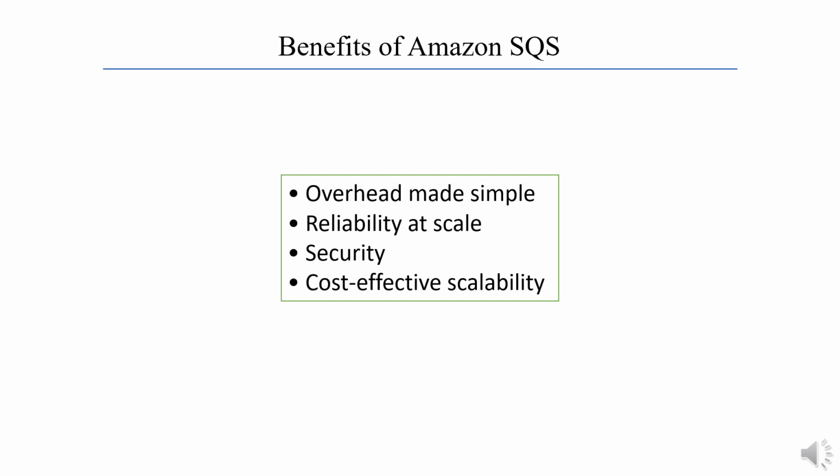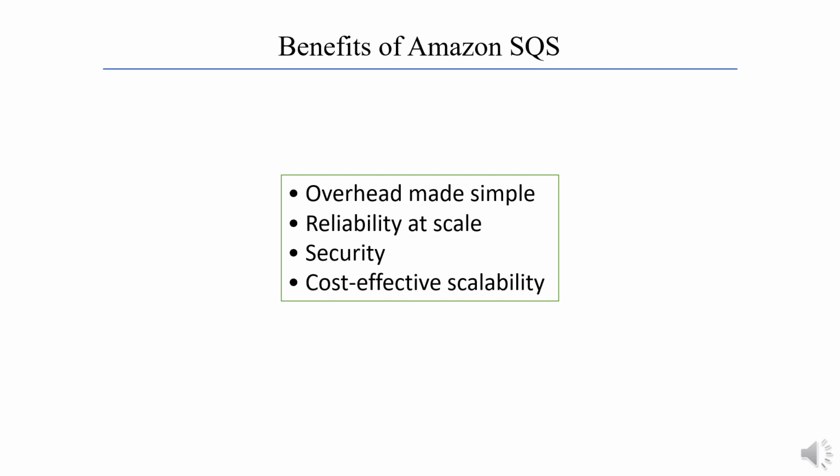Eliminate overhead with no upfront costs and without needing to manage software or maintain infrastructure. Reliability at scale. Reliably deliver large volumes of data at any level of throughput without losing messages or needing other services to be available. Security.